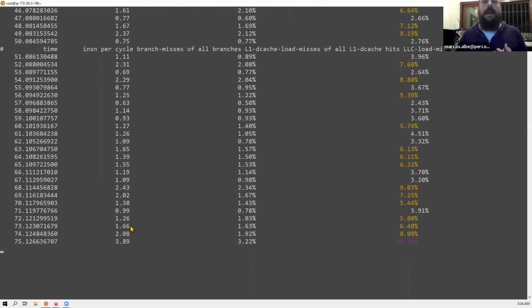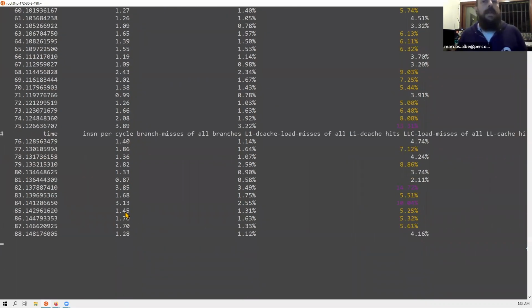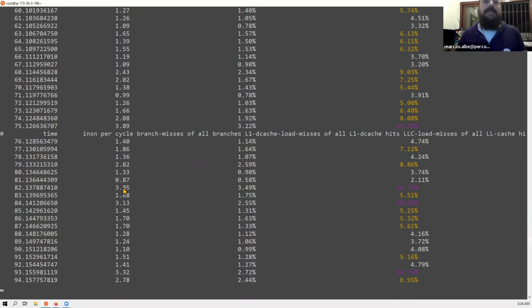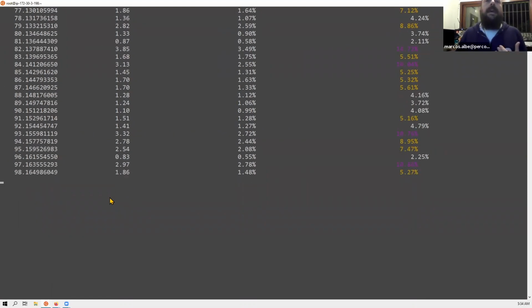So when we see more than one, it means it was able to complete the instruction and fetch more data to perform part of another instruction. A higher number, up to 4, which is how many instructions a modern CPU can do in a single cycle, is what we expect to see.